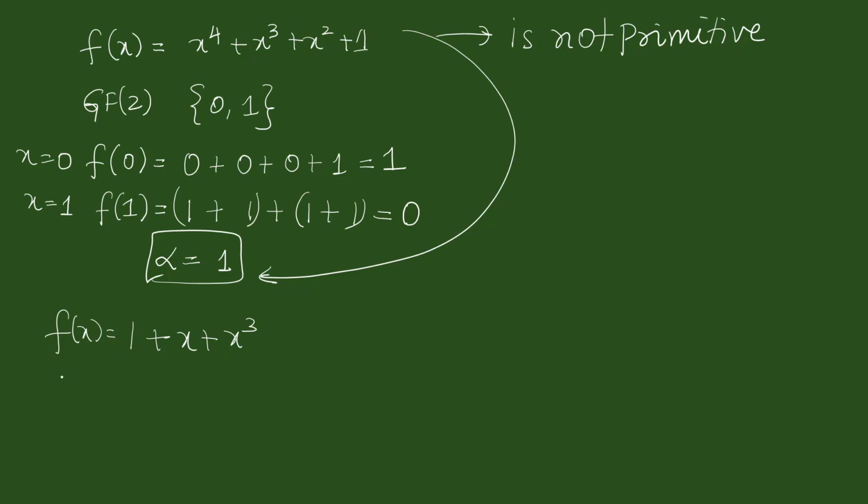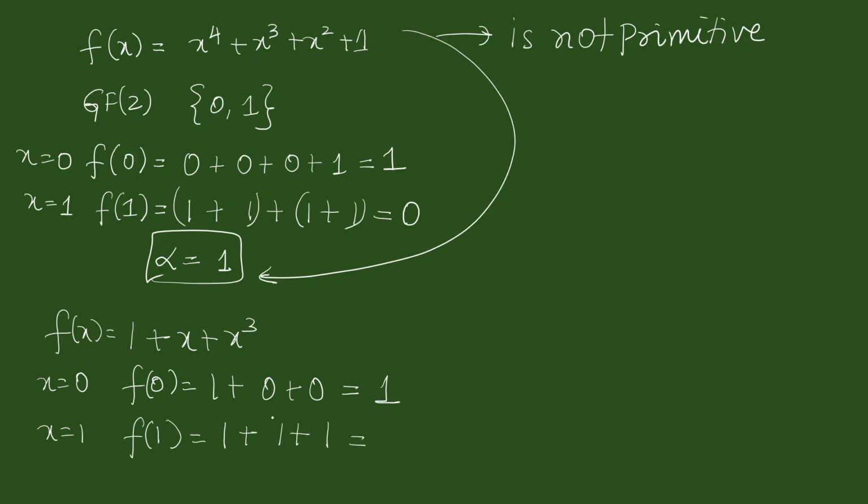In that case, put x is equal to 0. So f of 0 would be 1 plus 0, which leads to a value equal to 1. Now put x is equal to 1. This becomes f of 1, which is 1 plus 1. In that case, do the grouping: 1 plus 1 is 0, 0 plus 1 is equal to 1.